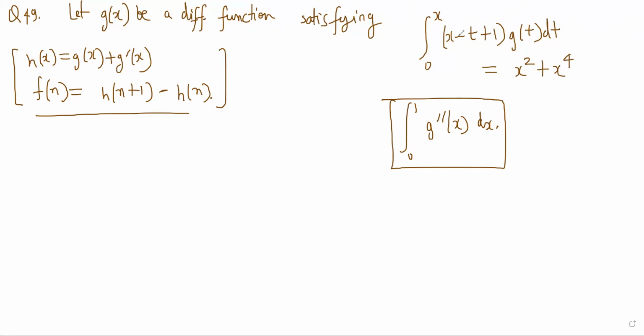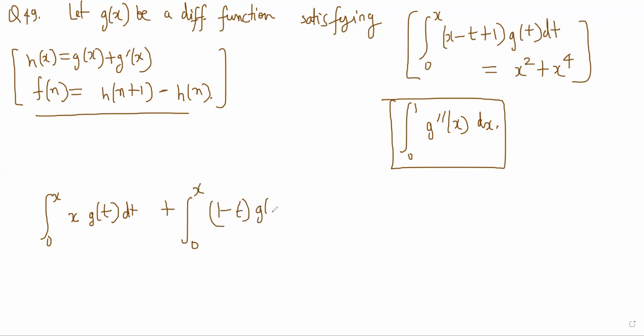Okay, so we'll not worry about this right now. We'll look at this condition. And since it's an integral over t, I can say 0 to x g t dt plus 0 to x 1 minus t g of t dt, right?